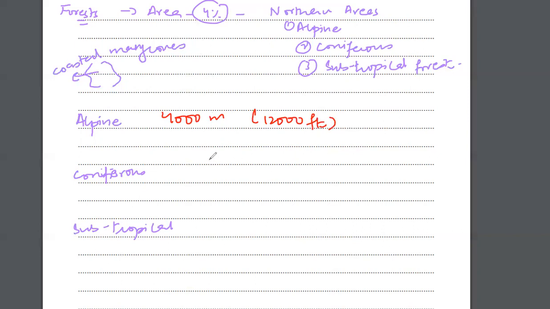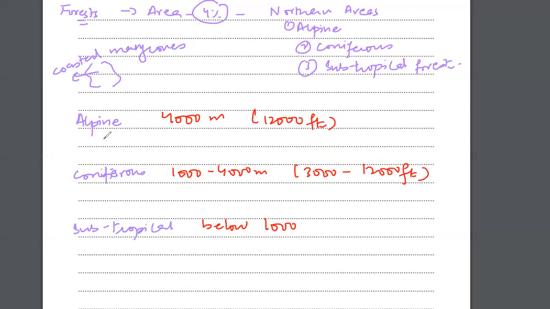Then coniferous, less than 4,000, so 3,000 to 12,000. Subtropical, it is below 1,000.